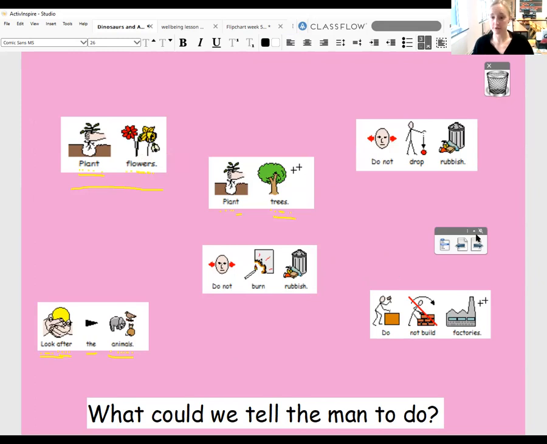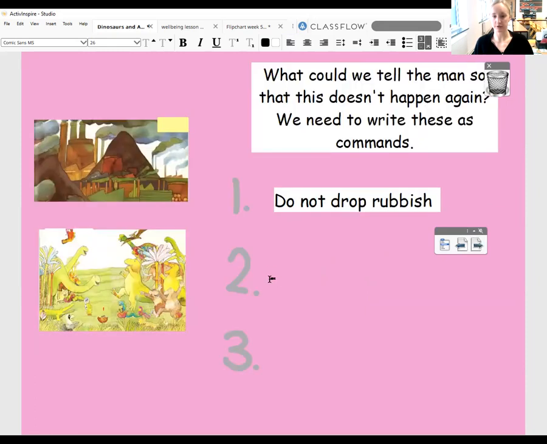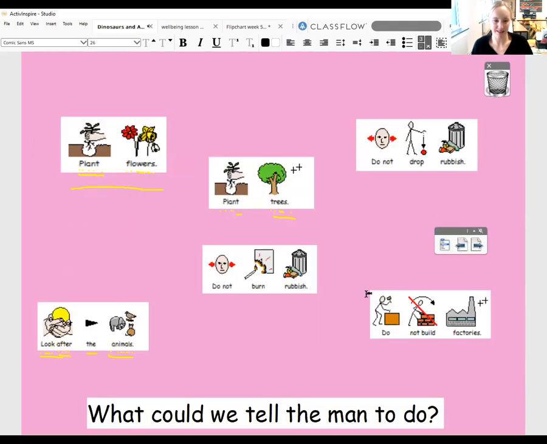Okay, so hopefully you've got your 3 ideas now after you've paused it. I'm going to share mine with you. So my first one was do not drop rubbish. My next one was plant trees. And my last one, let me have a look on here. Can I steal anything?